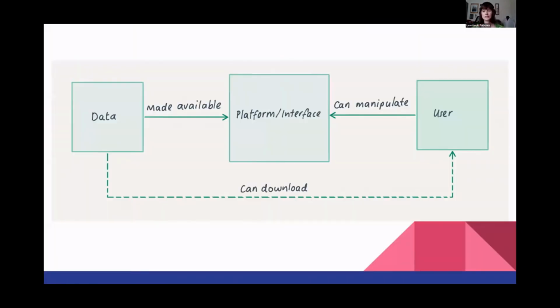Just as a schema, you would have data, which is made available on the platform or interface, which the user can get into and manipulate that data. Depending on the restrictions on the data, sometimes the users can download what they've done with it. If they've run some type of query on that material, sometimes they can take it away and do their own research on it, but that's not always the case.